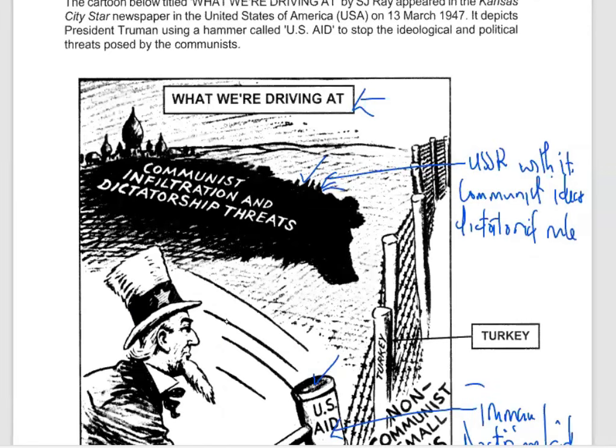It's a relevant caption, an appropriate caption, because the USSR targeted weaker states to influence them.